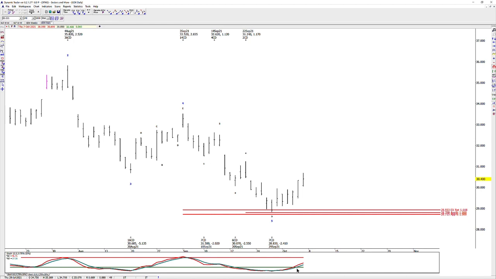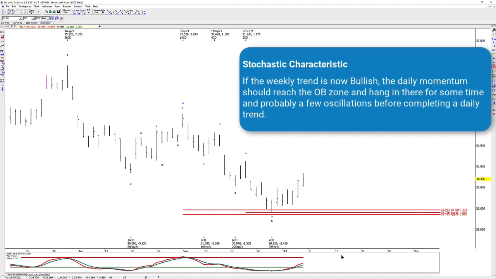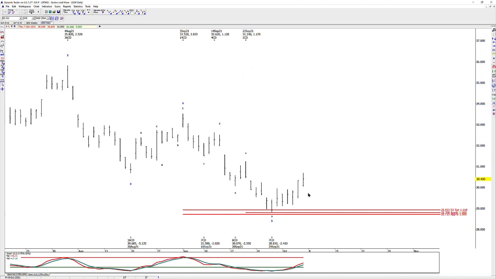If that weekly trend has reversed to bullish, then more than likely the stochastic is going to be hanging in the overbought zone for some time, and then make these 2 to 3 week corrections, then continue the bull trend. Is the GDX in an immediate position for a long trade?